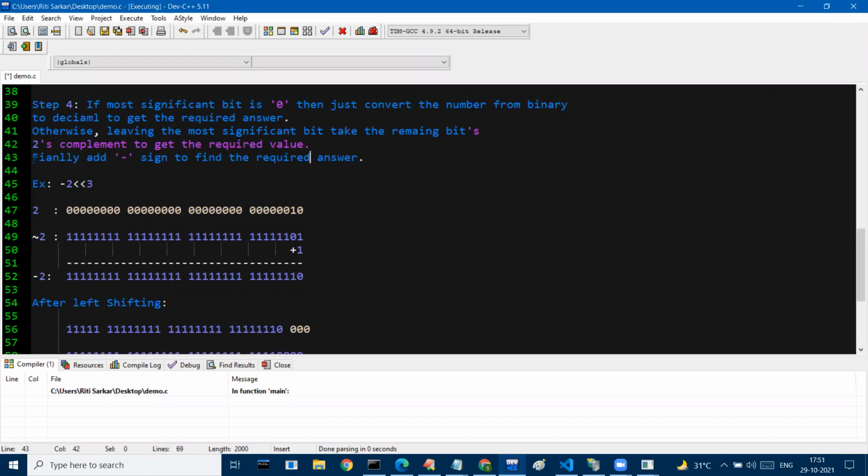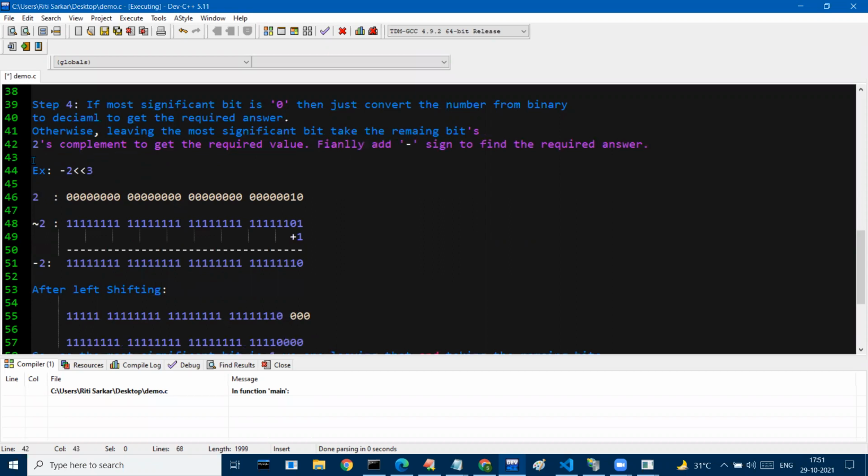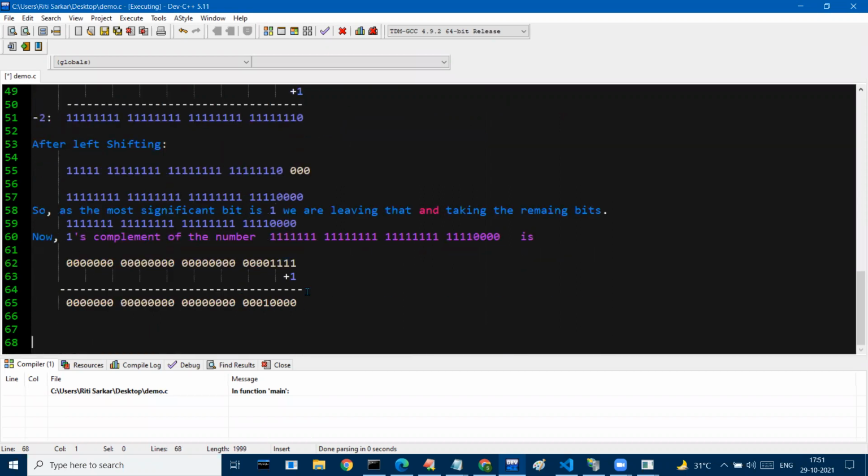This is in the otherwise part. So what is the value you got here? 16. And what about the final result? Add that minus sign, so minus 16. Let us verify it once.